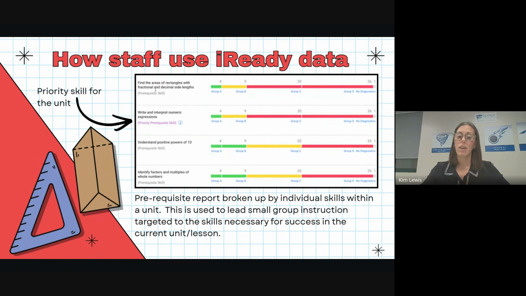So that iReady diagnostic is just one component. And if you're a 3rd grade or 5th grade parent, you saw my letter, we're also giving the COGAT test, which is another component. So it's not just one assessment we're looking at, but I just wanted to point out that the diagnostic is a component of that placement criteria.